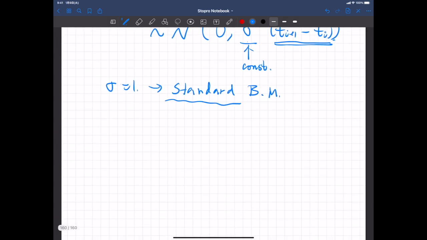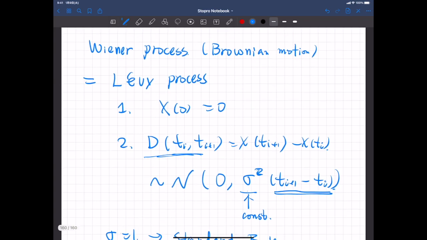So by definition, if this x of t is a standard Brownian motion, then this follows normal distribution with zero mean and variance of t, right? So this is just t, since we are starting from 0.